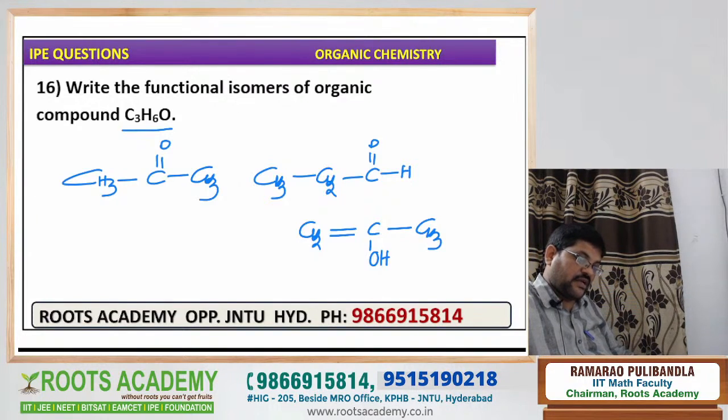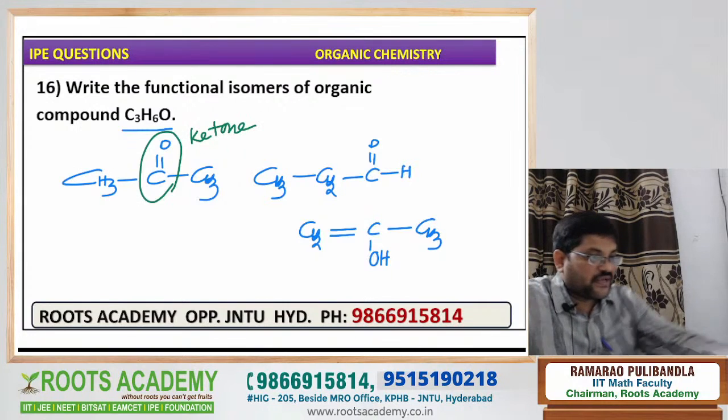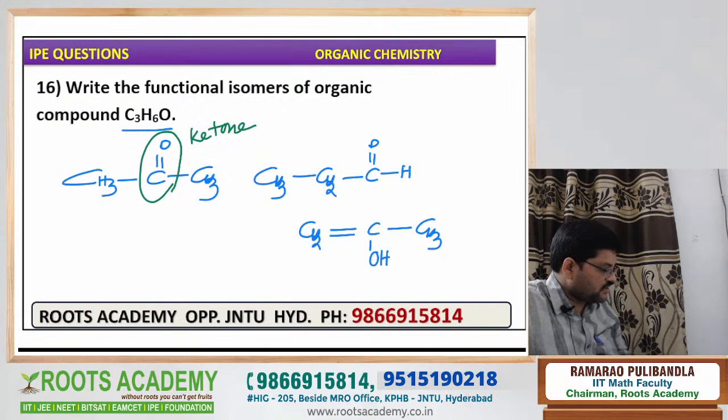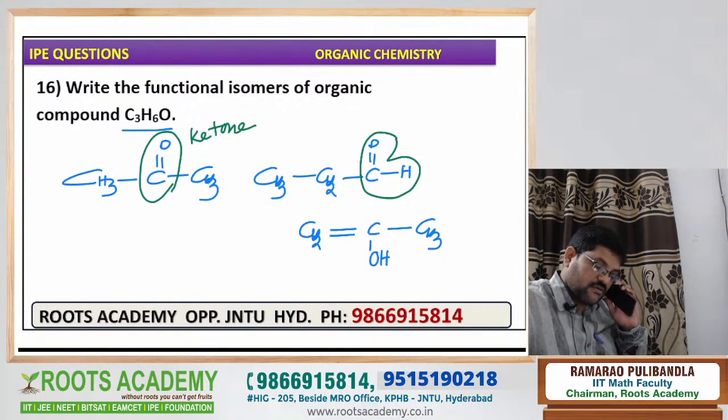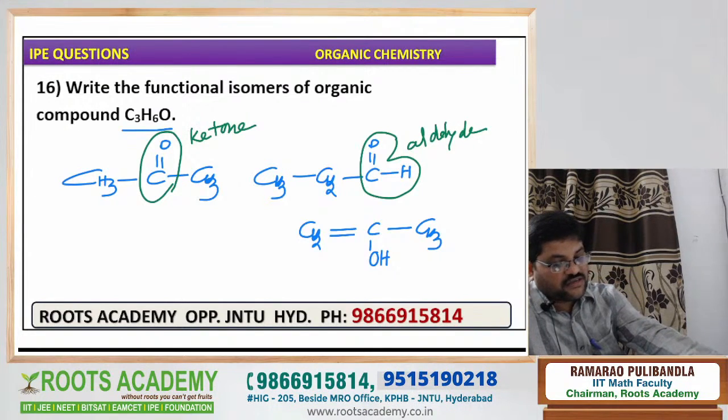Now here, in the 3 functional isomers, the CO group is called ketone, right? And this is called the aldehyde group.